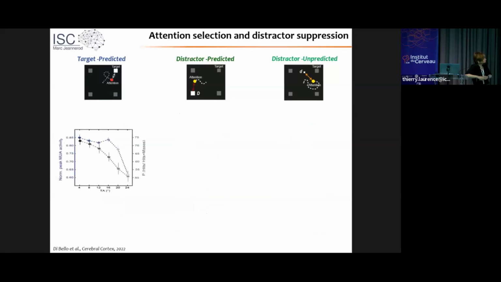Now we try to map the neuronal responses as a function of that attentional spotlight that we track in real time. What we observe is the following. What I'm plotting here is the average normalized response rate as a function of the distance between the target and that dynamic attentional spotlight in blue, and in black is the behavioral performance.